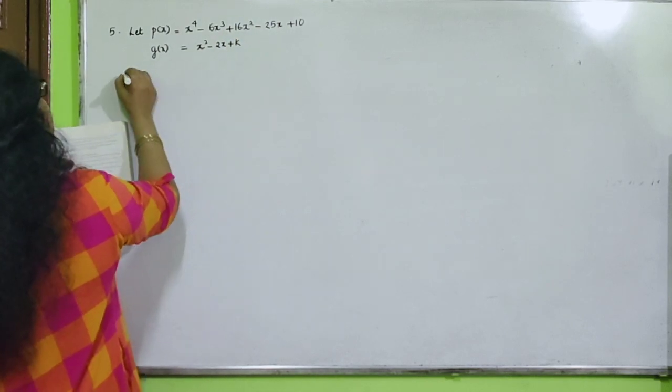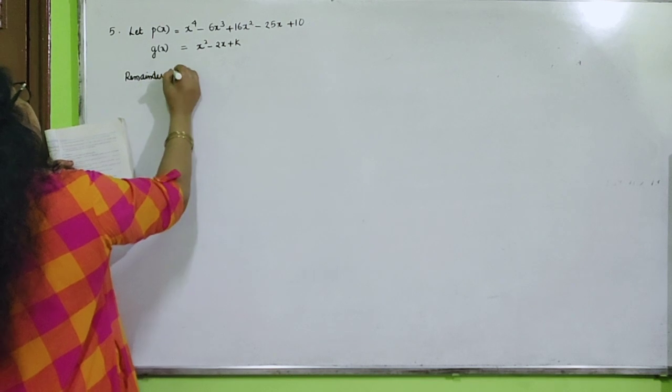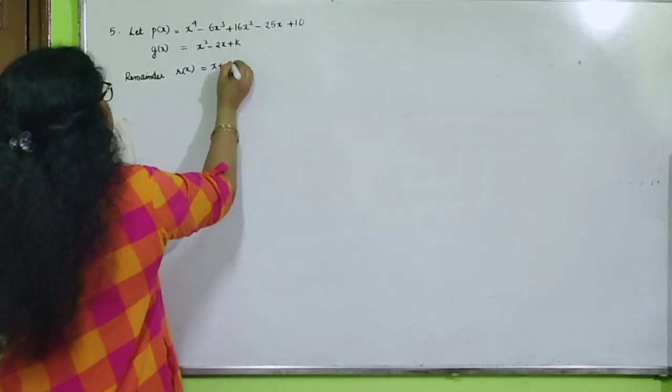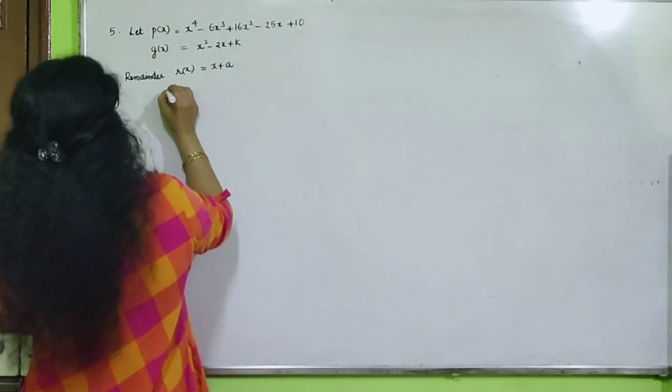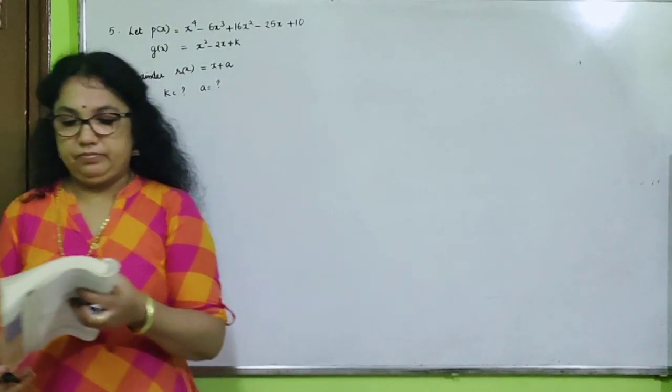And on dividing, the remainder r of x is given equal to x plus a. We have to find the values of k and a. This is the question.